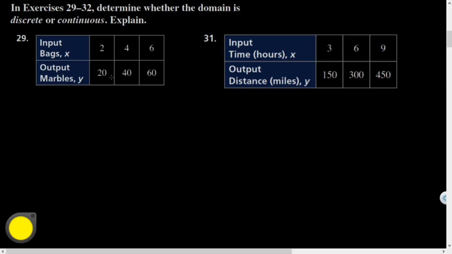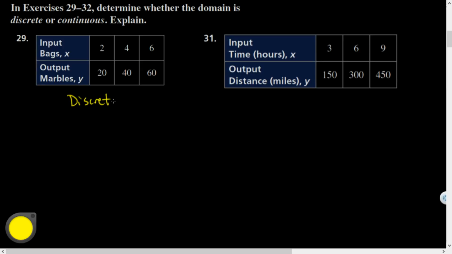I count small people and large people as all people. I don't consider someone who's short to be less of a person than a tall person. And the same thing with marbles. It just makes sense. People are people, and marbles are marbles. So this would be a discrete function.